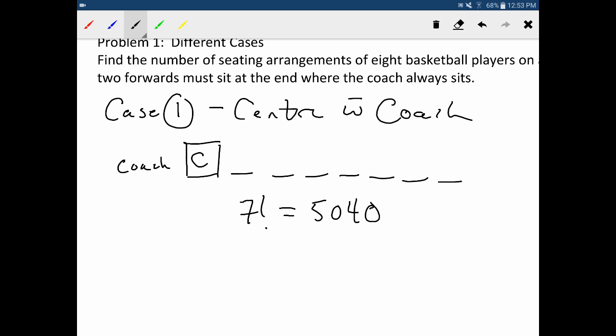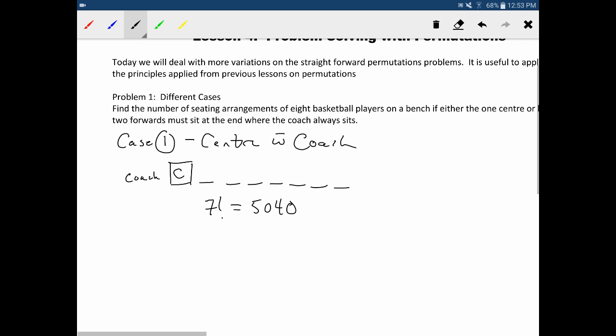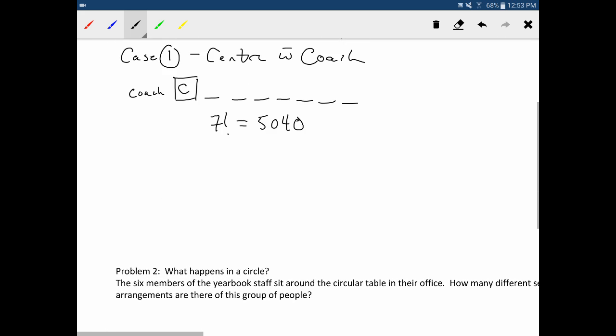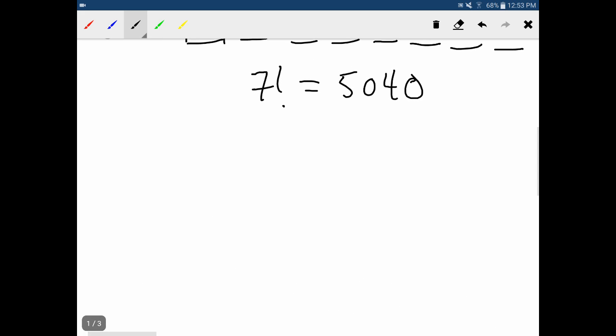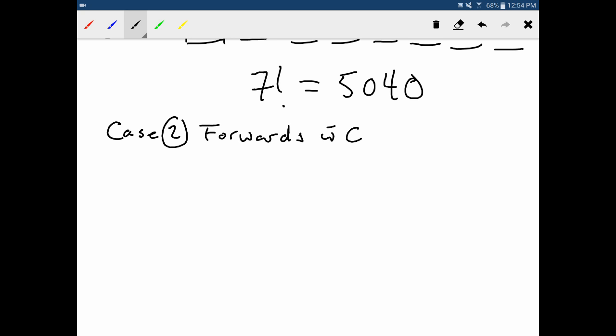So that's case 1. Now the other thing that can happen is we could have the forwards sitting with the coach. So case 2 is that the forwards are with the coach.